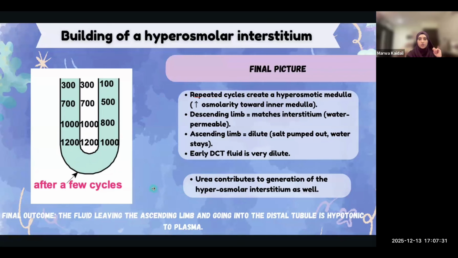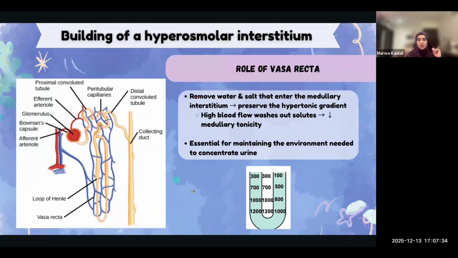Okay. Now, vasa recta, this is something that I don't think is very important, but it was mentioned in the notes section of your lecture. The vasa recta is a loop of capillaries that goes around the loop of Henle. Its job is to take away any excess solutes or water that are present in the interstitium.